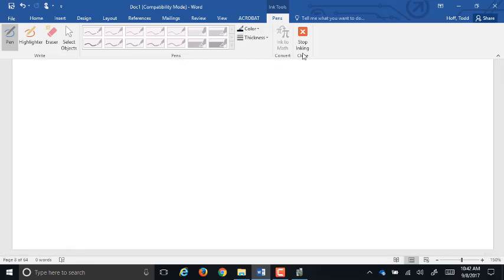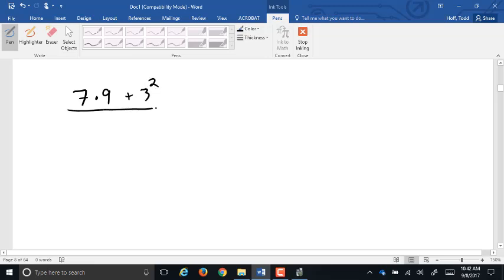Let's look at something a little different than that one. So when we look at a problem like this, the key to understanding it is figuring out what this line across here means.